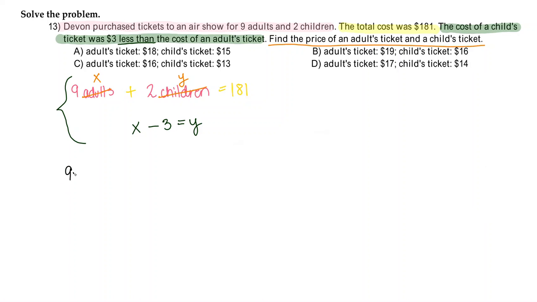So I'm going to write 9x plus 2y equals 181 and x minus 3 equals y. So in order to find out what x, or the price of an adult's ticket, is and y, or the price of a child's ticket, is, we have to solve for the solution to this system.